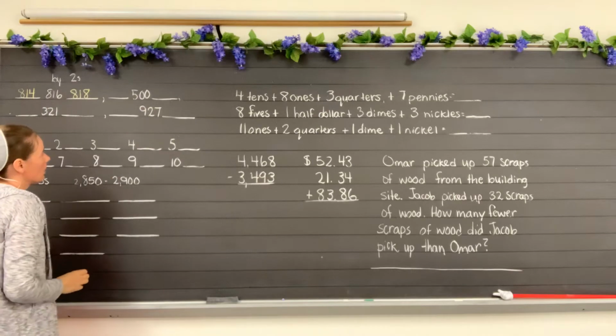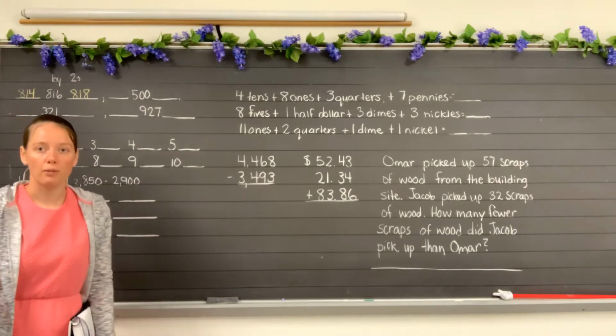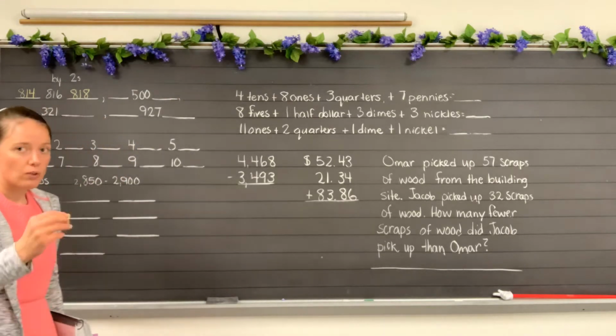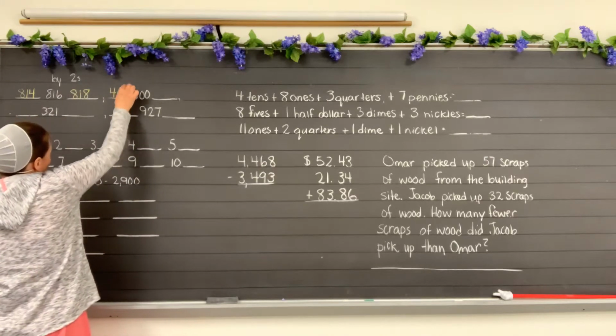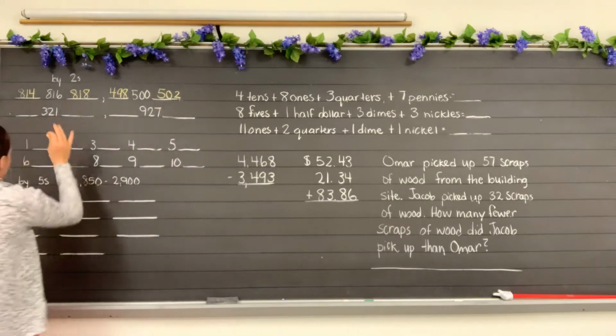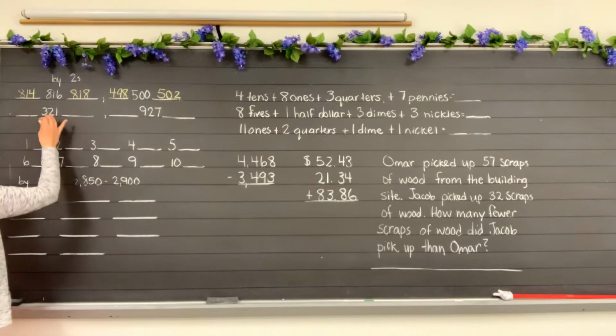Here's 500. The number before 500 would be 499. And you need two numbers before that, so it would be 498, 500, and then 502. Here we have 321. Before 321, you need to think 21.